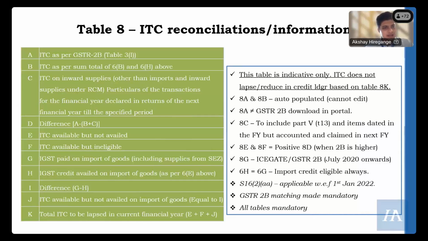The credits, and where 8D is positive or negative, we need to provide the reasons or have the reasons with us.